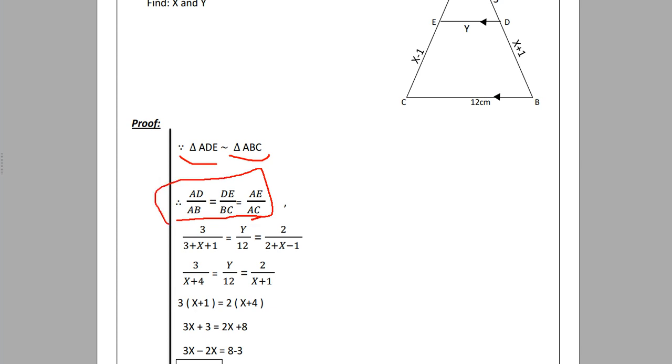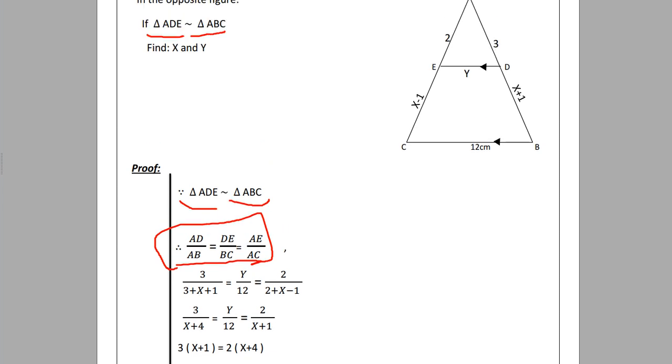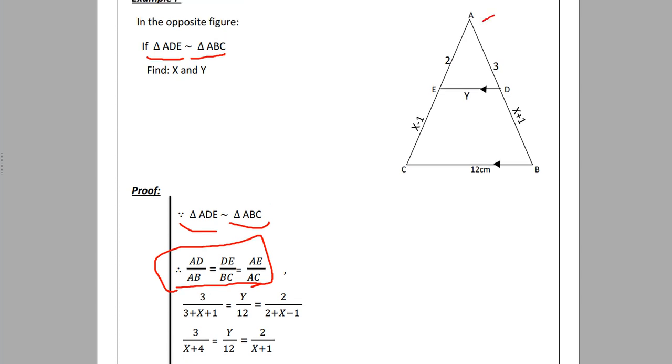Okay, so AD, which is 3, over AB. AB is what? Focus with me. AB is the whole side, so it contains 3 and x plus 1, so we can write it like this: 3 over x plus 4.